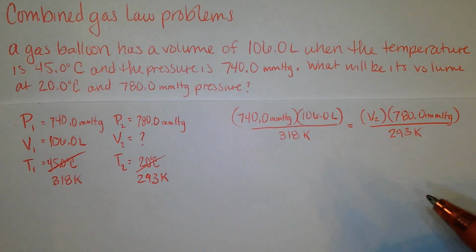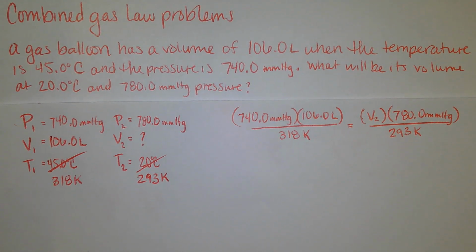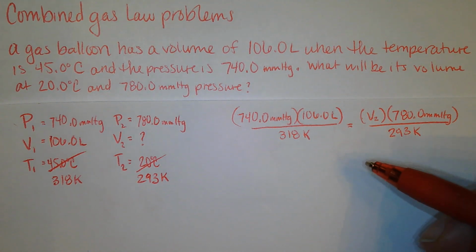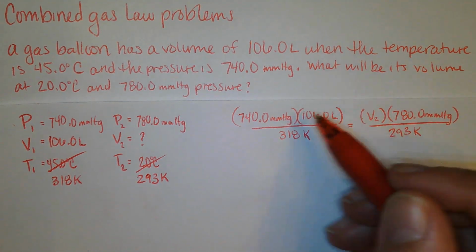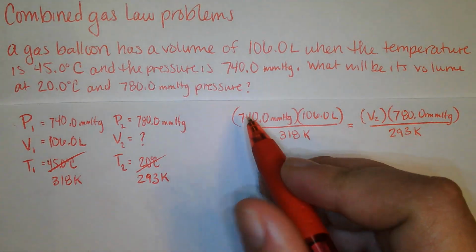Now something like this is way more realistic because in a perfect scenario it's actually very uncommon for just two values to change. More than likely when you're looking at one of these closed systems, the pressure, the volume, and the temperature will change. So like I said, this formula is definitely your most common.